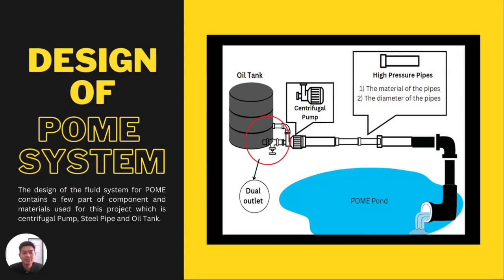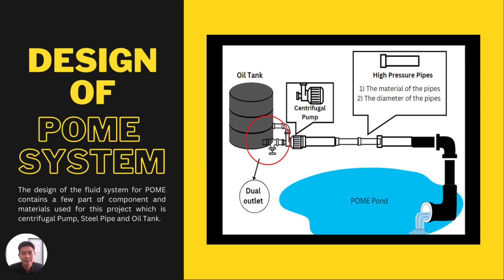For the design of the POME system, the design of the fluid system for POME contains a few components and materials used for this project, which are a centrifugal pump, steel pipe, and oil tank.